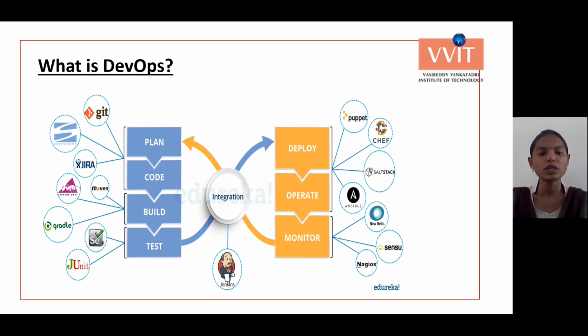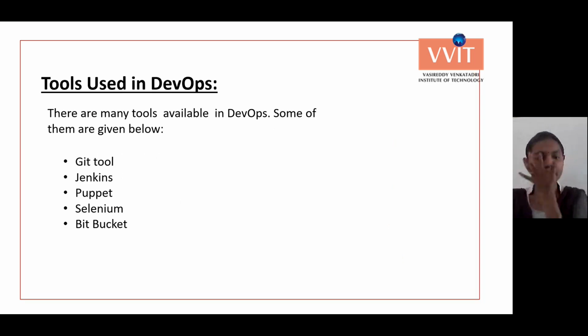Let us see what are the tools involved in developing a DevOps. There are many tools available in DevOps. Some of them are given below: Git tool, Jenkins, Puppet, Selenium, and Bitbucket. Let us see one by one how they work and where we will use them. Git tool in DevOps.